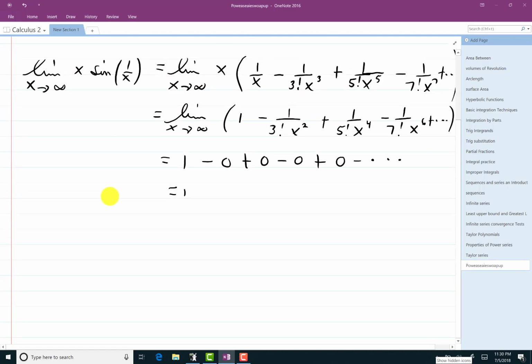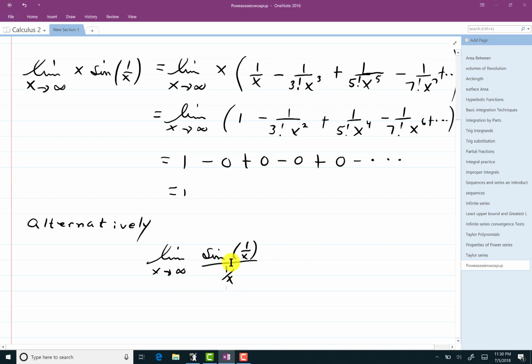So if you're stuck, you can come up with something like that. Alternatively, you could have realized it this way. I could have rewritten it as sine of 1 over x divided by 1 over x.